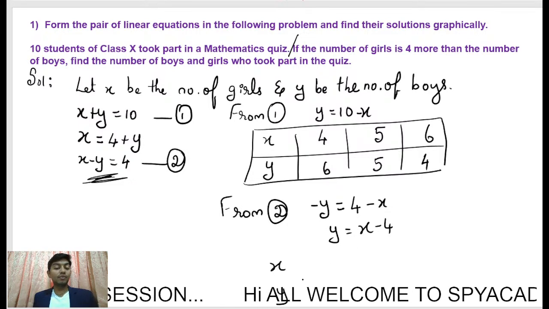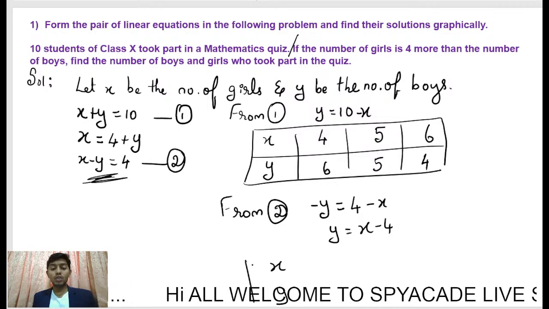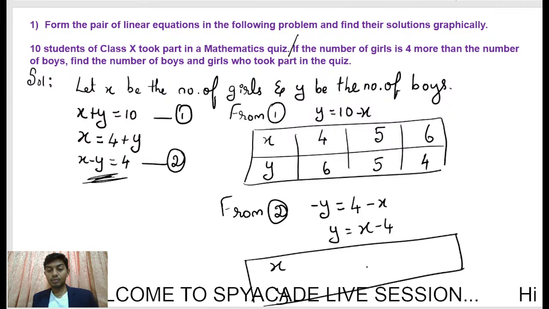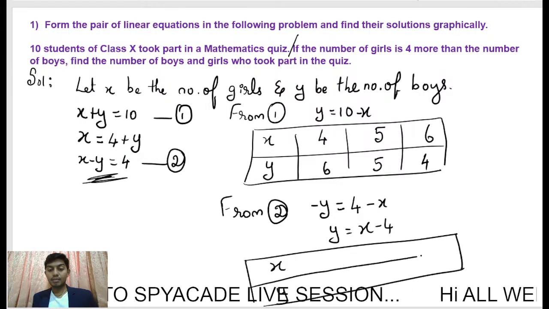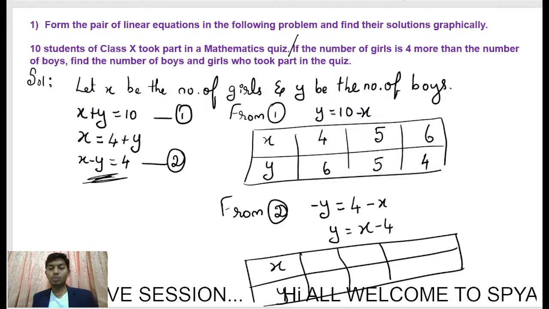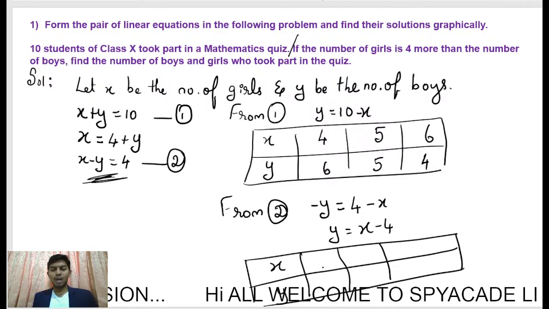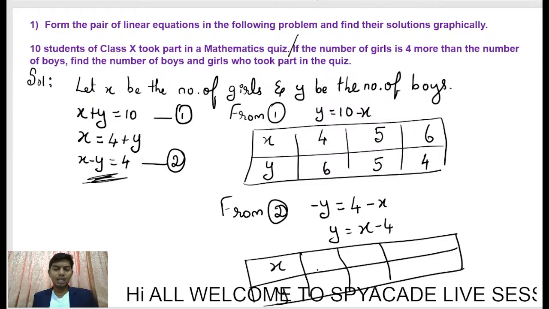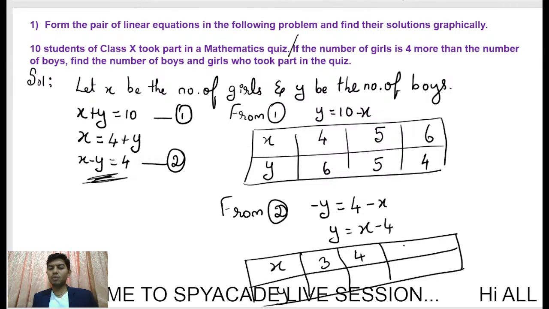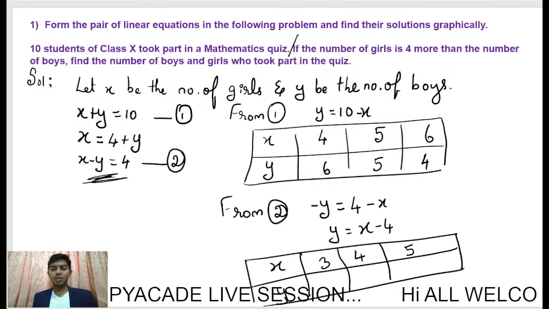So same as the first equation, here also you have to choose some values. Right? Choose a few values for x. 1, 2, 3. Maybe 3 values, that will be enough. Either you can take 3, 4, 5, or 5, 6, some numbers. I'm just taking 3, 4 and 5. Will that do?